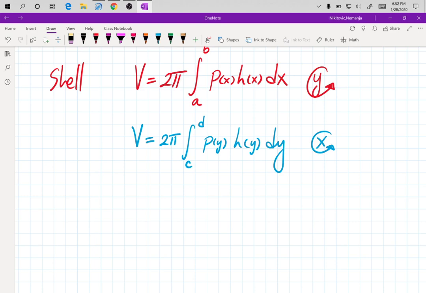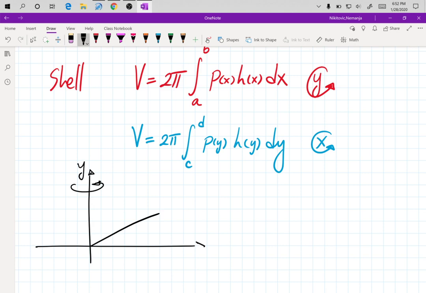The way this works is, if I have some shape, say a line like this, and I rotate that line around the y-axis, you will get the line on the other side, and then there will be this circle on top, creating this upside down cone.